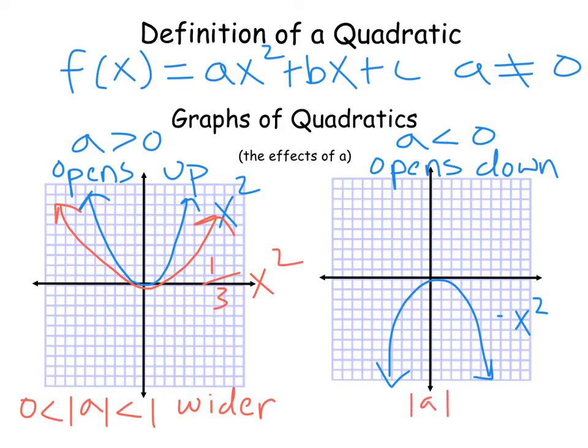If the absolute value is greater than 1, the graph gets thinner, skinnier, narrower, all these terms would work. Here's what I mean by the absolute value. Let's say we've got this nice skinnier looking parabola like 2x squared.